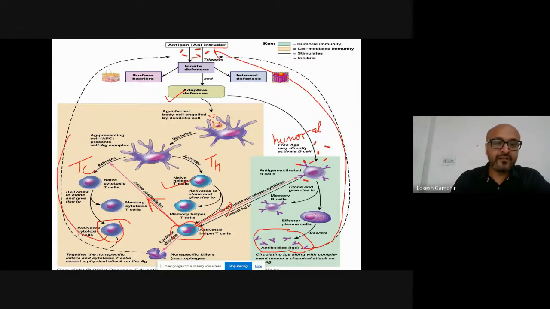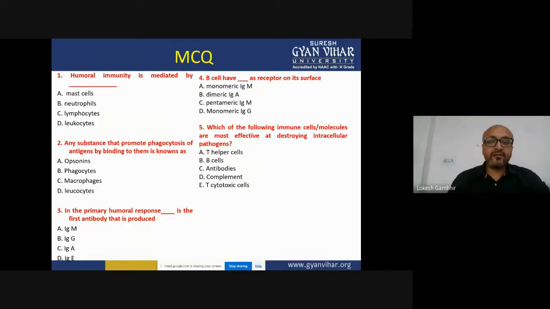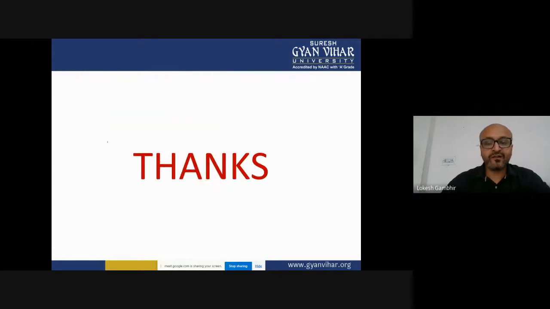The cytotoxic T cell will go and lyse the infected cell, and T helper cells are channelizing both the paths. And this is how the complete summary chart of immune response works, what is happening inside our body. So for your understanding, these are certain MCQs that you should remember, certain MCQs that you should have a very tight grip on.